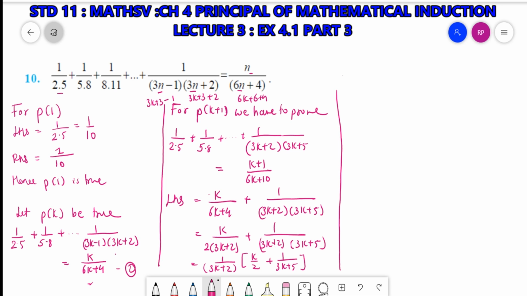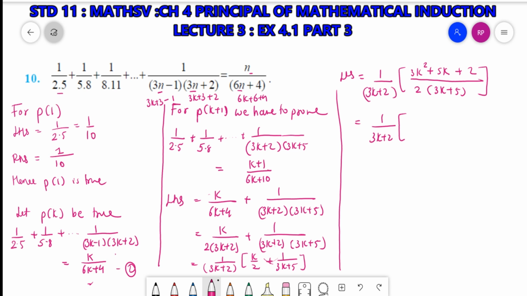So I will carry it forward here. LHS will be equal to 1 upon 3k plus 2 as it is. I will multiply this 3k into k, 3k square, 5 into k, 5k, plus this side 1 into 2, 2 upon 2 into 3k plus 5. So this will be equal to 1 upon 3k plus 2. Now 3 2s are 6, so I need to split this 5. I can split it in this way: 3k square plus 3k plus 2k plus 2 upon 3 2s are 6k plus 5 2s are 10.